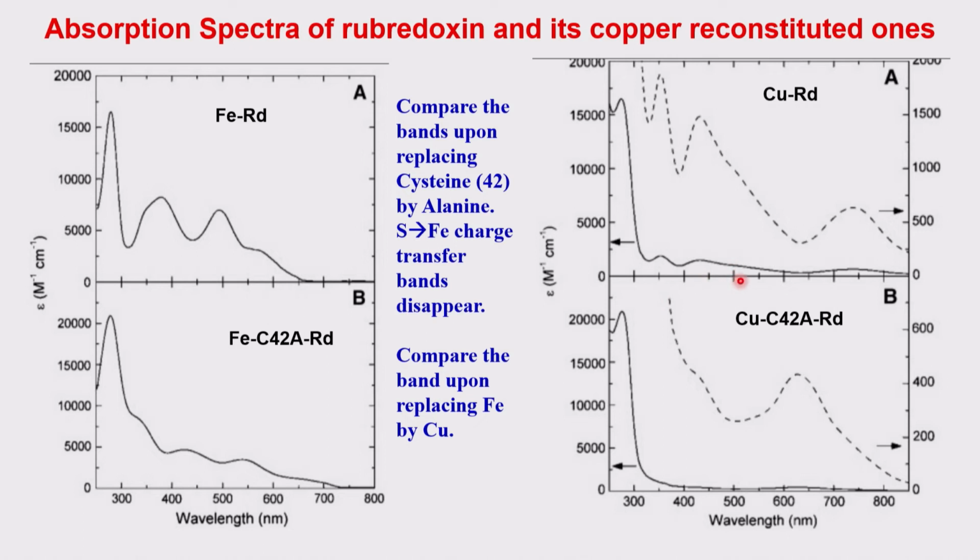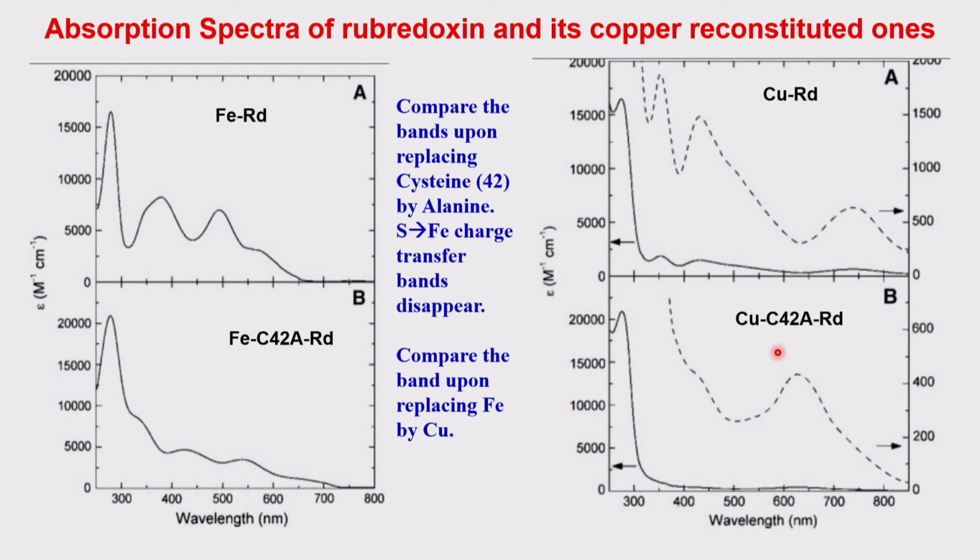It has a huge absorbance in the range of 700 to 800. This is an expanded one, and this is the original spectrum. If you compare this spectrum with the original iron one, it's a huge difference. You have absorbance in 700 to 800 besides your 400 to 500, here 400 to 600, and that establishes the replacement of the iron ion by the copper. It's a complete replacement of the iron by the copper in this particular case.